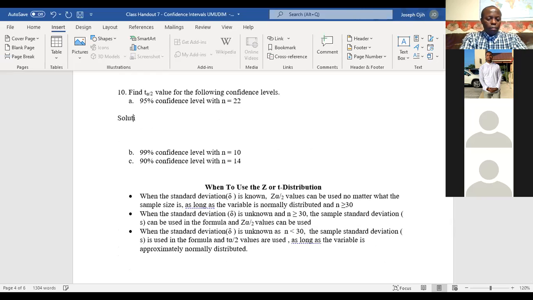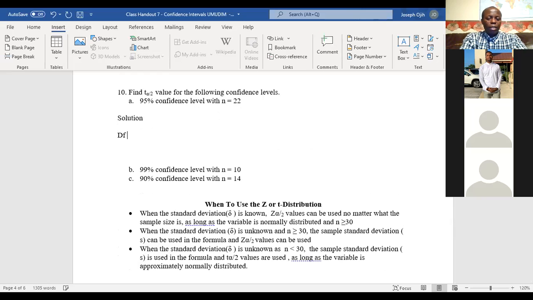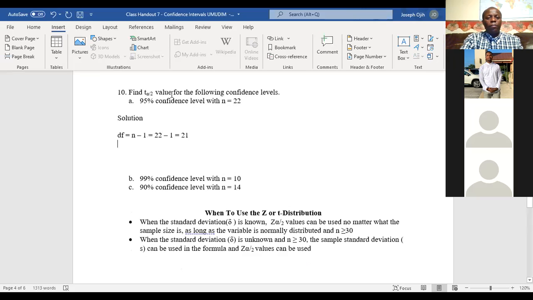Solution. The degrees of freedom, df, equals n minus 1. Our n is 22, so 22 minus 1 equals 21. Your confidence level is 95%.